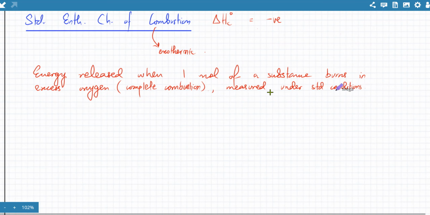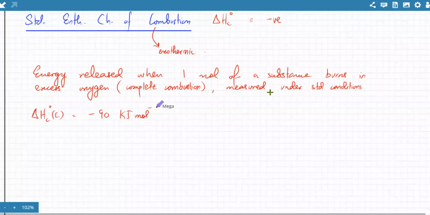For example, you're told that the enthalpy of combustion of carbon has a particular value. Here again, all these values are just made up. In the question they tell you that the enthalpy change of combustion of carbon is minus 90 kilojoules per mole. So what reaction are they referring to?